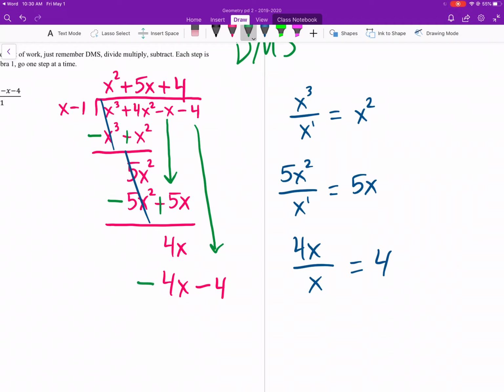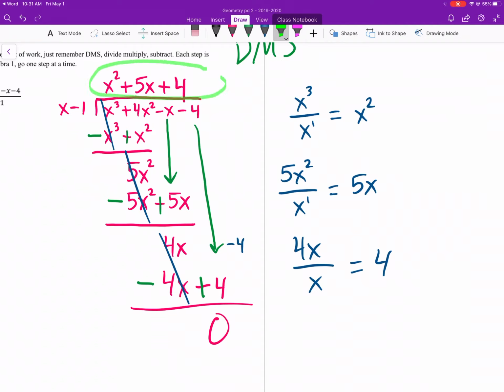This is now negative 4x, and this is positive 4. So what's left? This is 4x minus 4x. That's gone. And this, we brought down negative 4 here. It's now negative 4 plus 4, and that's equal to 0. There's nothing left. So no remainder. We're done. We have our answer.